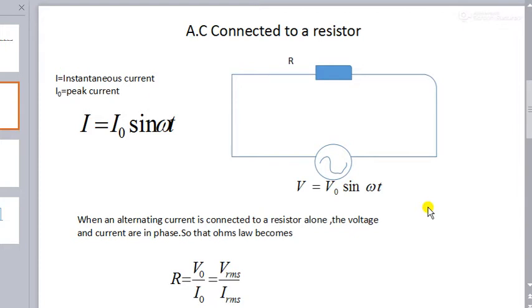The topic is AC circuits, as we know before now, and the word AC. We already know that AC means alternating current.